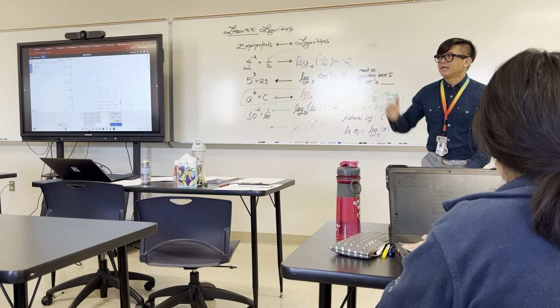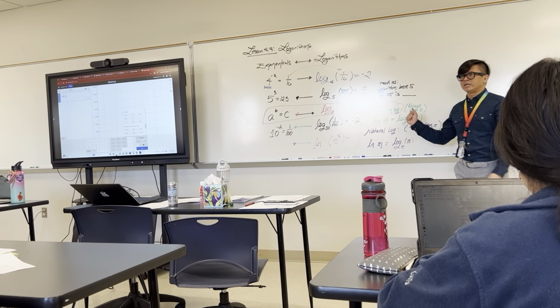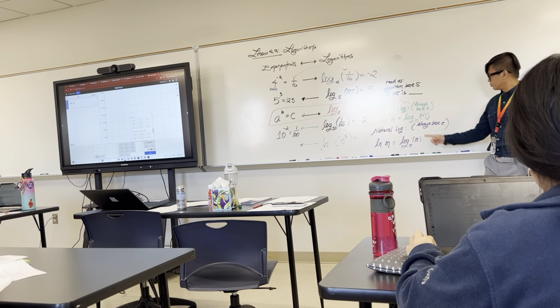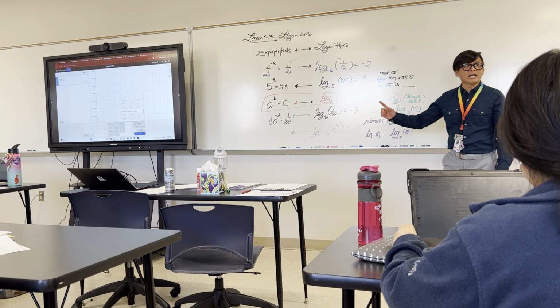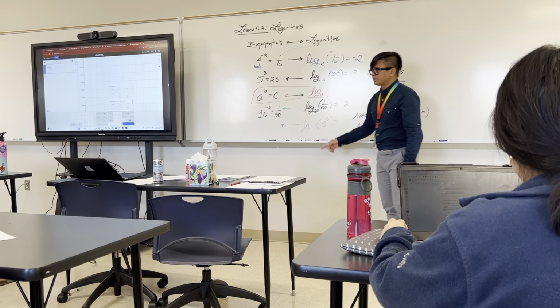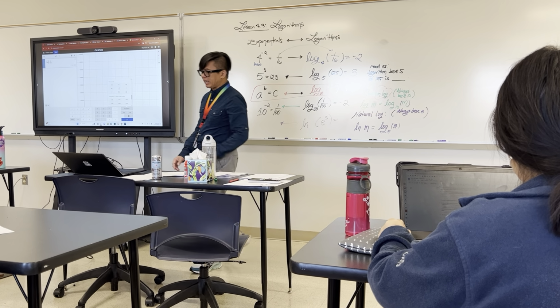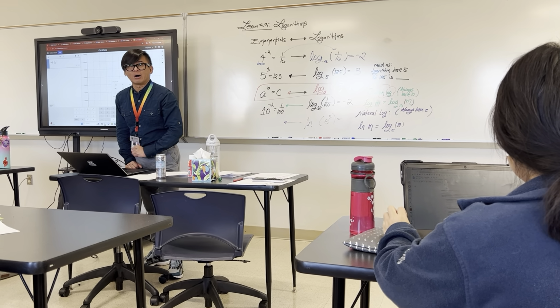The last one is what we call our natural log. ln. If you see ln, that's natural log. Let's plug this in your calculator first. What's ln e to the 5th power?